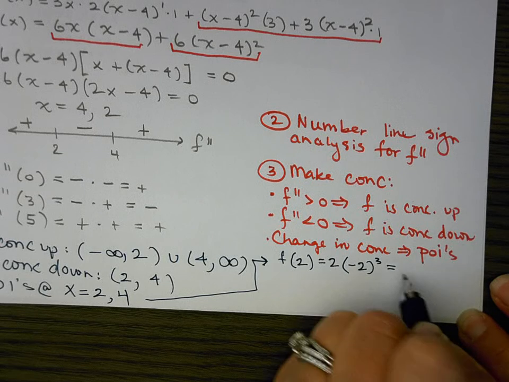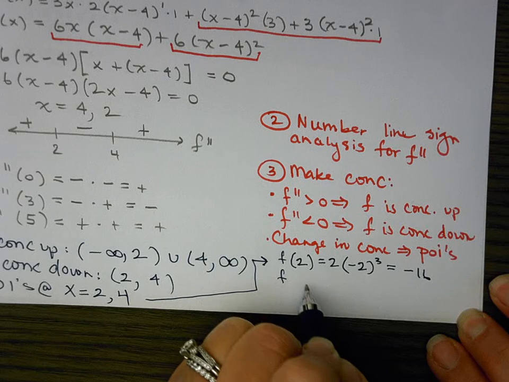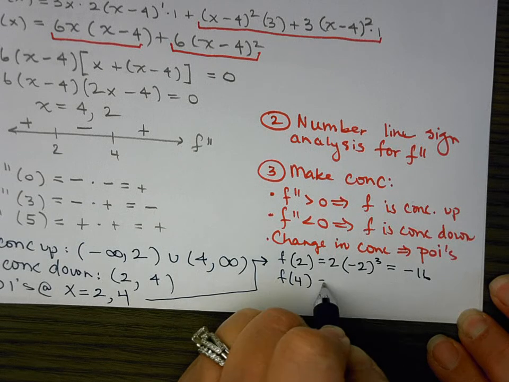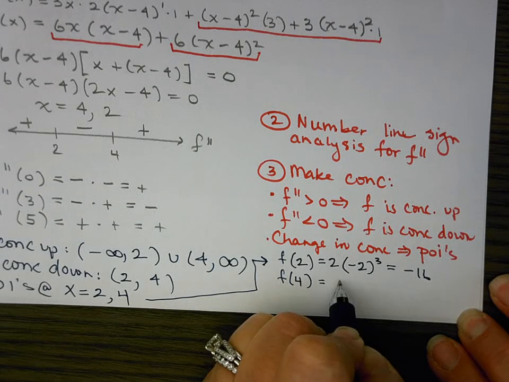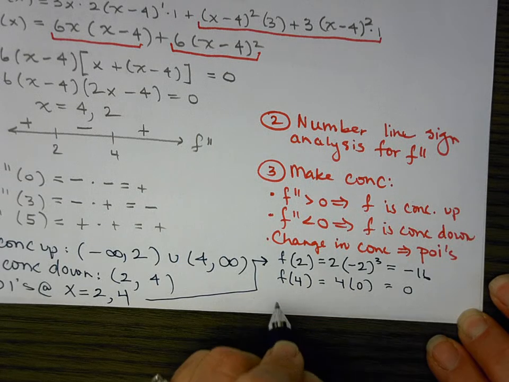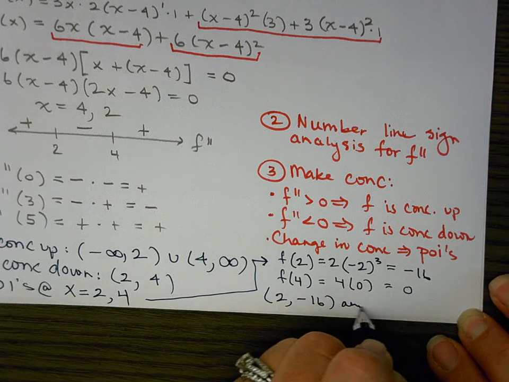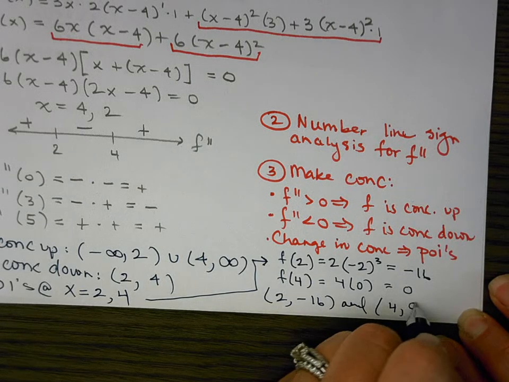Do some arithmetic here. What is that? Negative 16. And then f of 4, so that would be 4 times 0 cubed, which is 0. So then my points of inflection would actually be at (2, negative 16) and (4, 0).